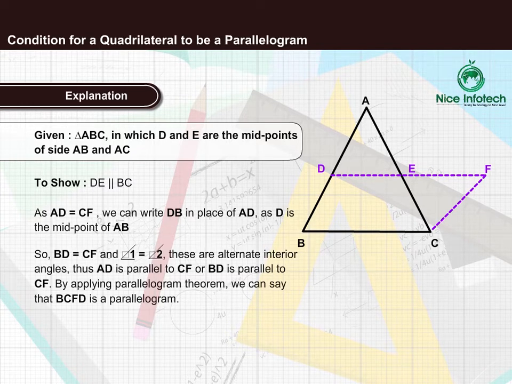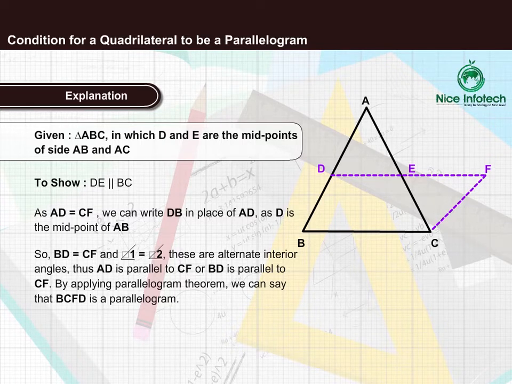So, BD is equal to CF and angle 1 is equal to angle 2. These are alternate interior angles. Thus, AD is parallel to CF or BD is parallel to CF.